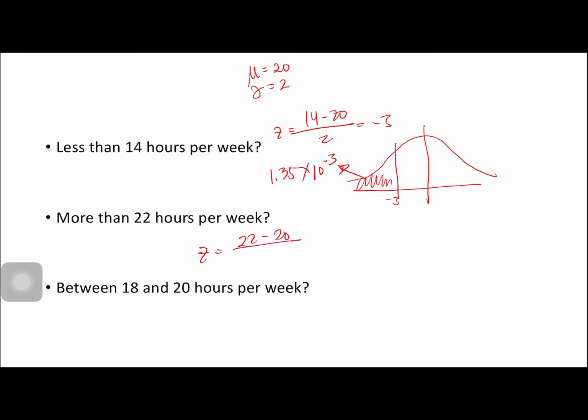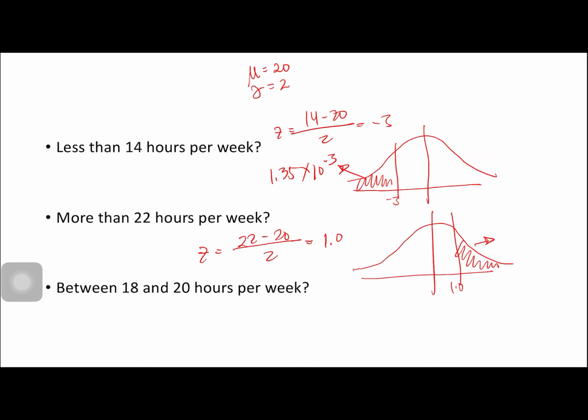What about more than 22 hours per week? So that will be Z is equal to 22 minus 20 divided by 2. We have there 1. Okay? So that would be more than, we have here our normal curve. This is 1.